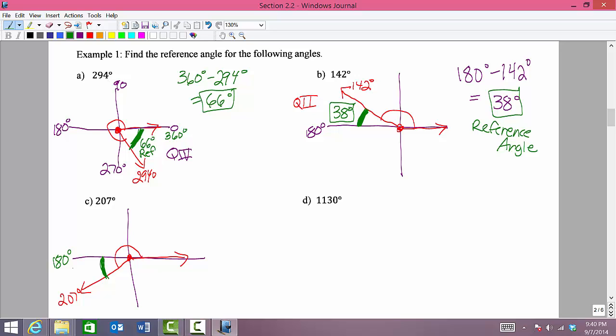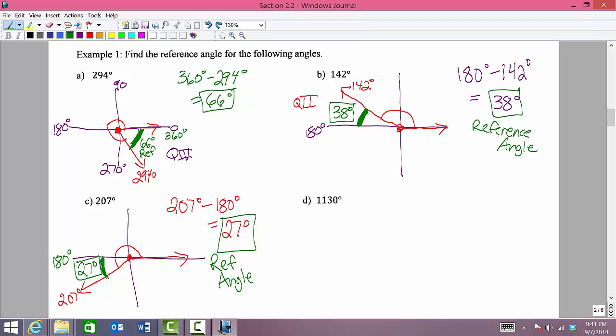But 207 is larger, so we want to do larger minus the smaller. And once we do that subtraction, we will find our reference angle to be 27 degrees. So this distance here, 27 degrees, that would be our reference angle. Just one reference angle.